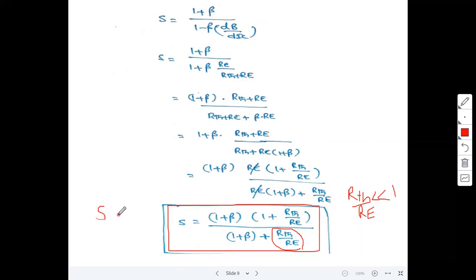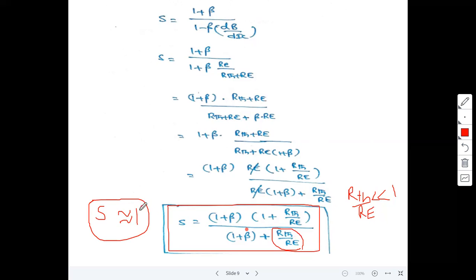In this case, the S value is approximately equal to 1. So this achieves the ideal stability factor value. When the stability factor has a low value, the operating point stability is very, very high.